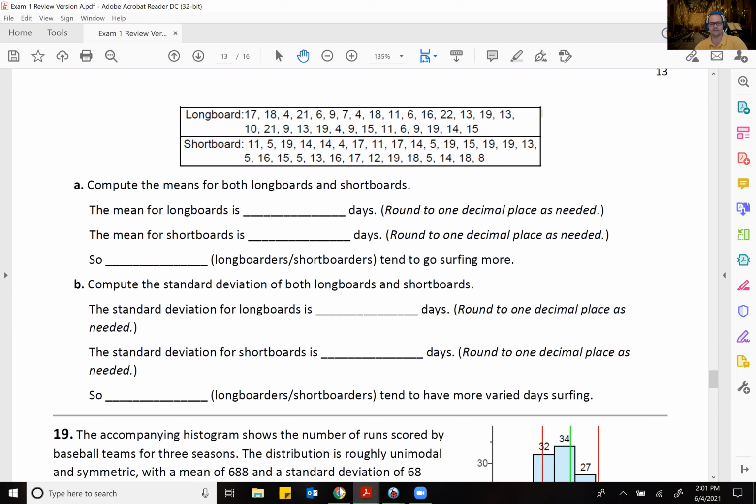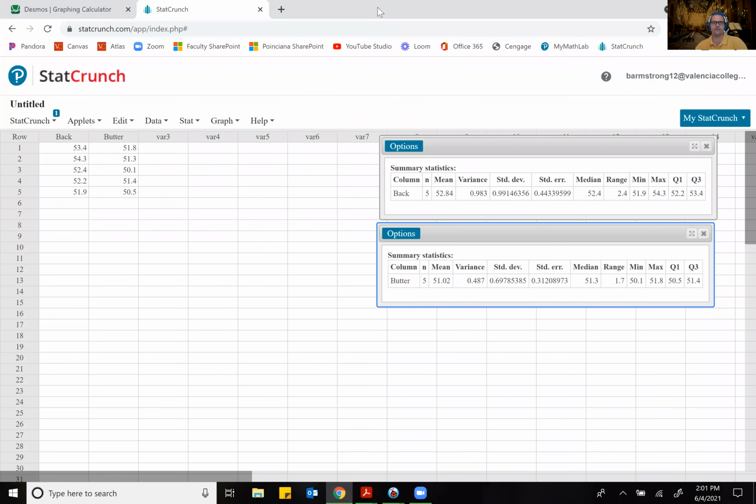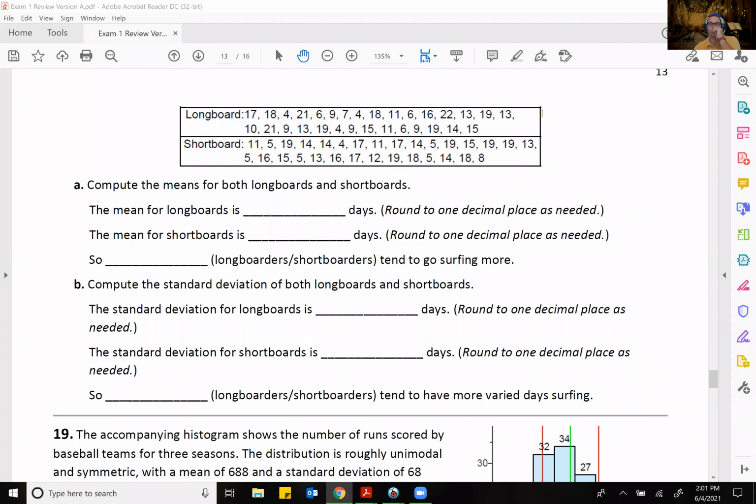So I need to go back to my StatCrunch. I need to slap all this information in real quick. Again, yours will be much faster than mine because I can't just copy paste right over real quick. I have to do a little bit of finagling. So I'm going to call one of my variables long, the other one short, and slap in my 30 pieces of data real quick.